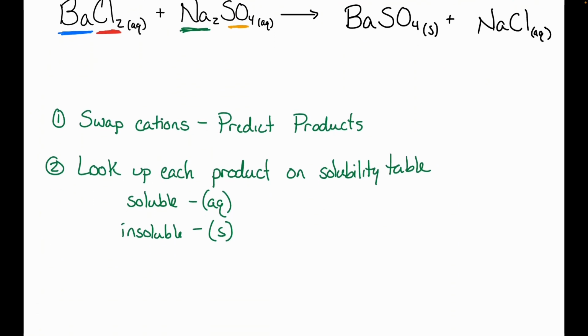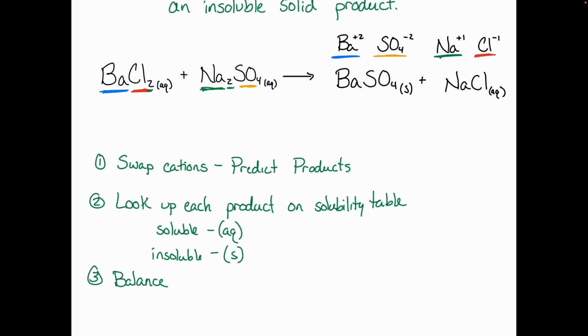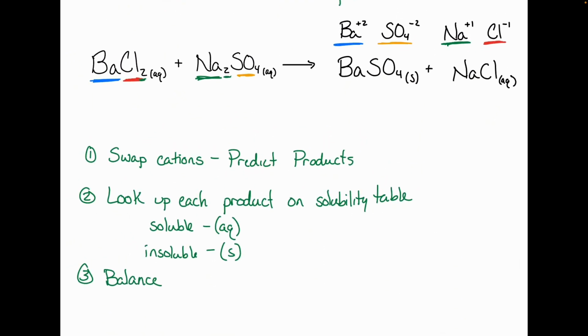The last step that we have to do in order to use this chemical equation in any sort of a quantitative way would be to balance. That's where you would take care of the fact that you have these little 2's out front of your sodium and your chloride that haven't been accounted for. That's in the balancing step.